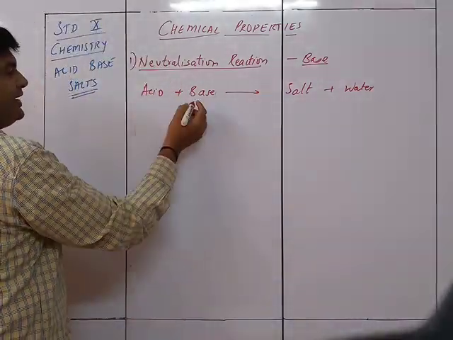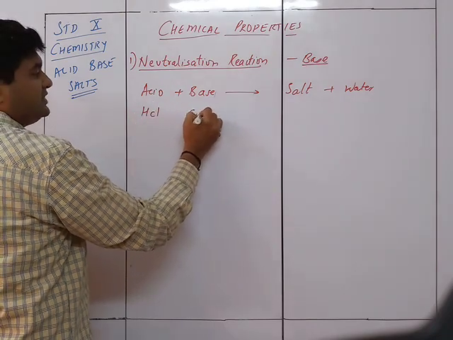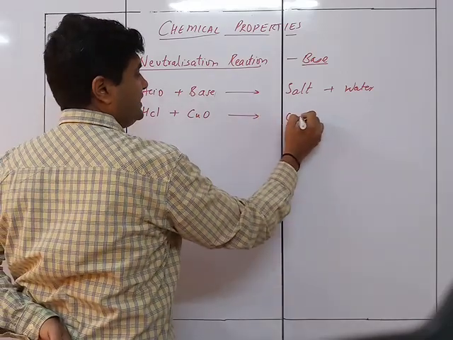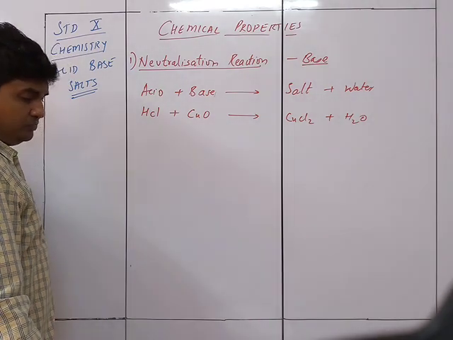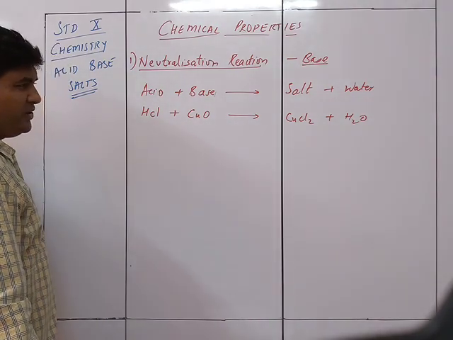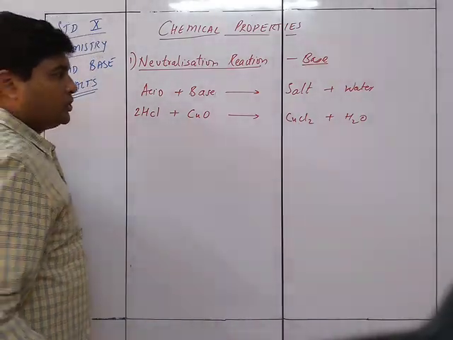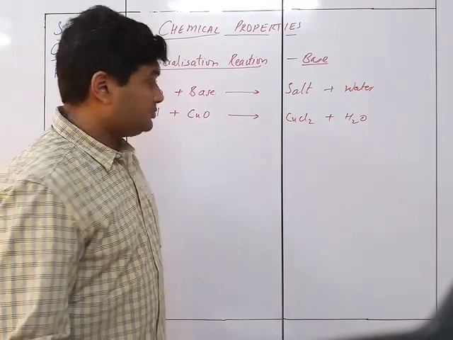For example, if I take the acid to be HCl and the base to be CuO, then it is going to give you CuCl2 plus H2O. You can balance this equation; it's just a 2 over here, that's it, and that will balance automatically. So CuO plus HCl gave me CuCl2.